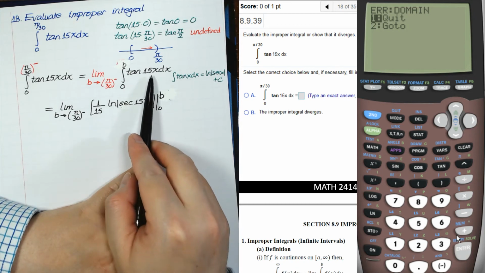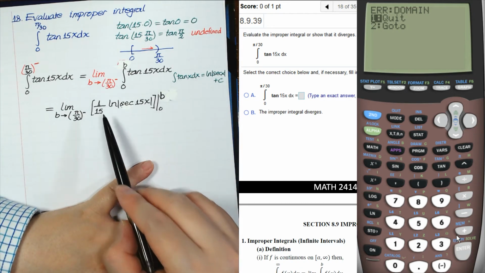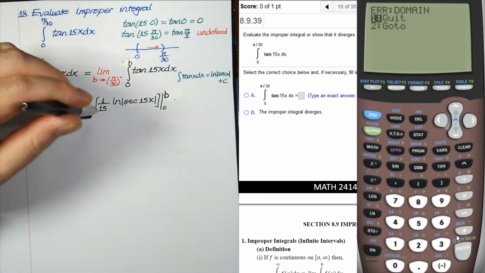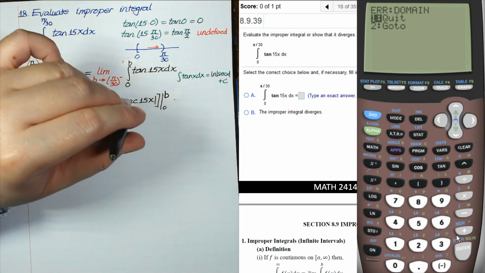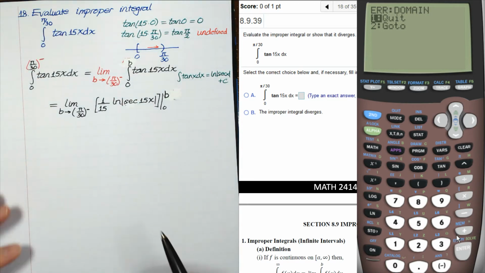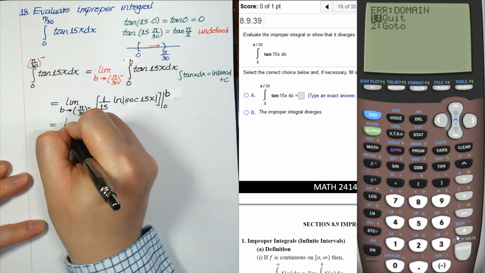And now tangent of 15, we just divide by 15. Integral we divide by, so sorry, 1 over 15 ln absolute value secant of 15x. Right. Now put in the values.